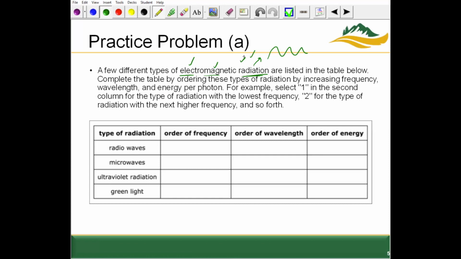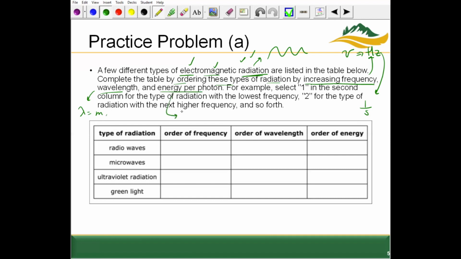So we're going to complete the table by ordering these types of radiation by increasing frequency. So frequency again, think nu, think this is in units of hertz. What is a hertz again? It's 1/second, or 1/seconds. So we're going to rank these by increasing frequency, wavelength, which we'll denote as lambda, typically meters or nanometers or millimeters, etc., and by the energy per photon.